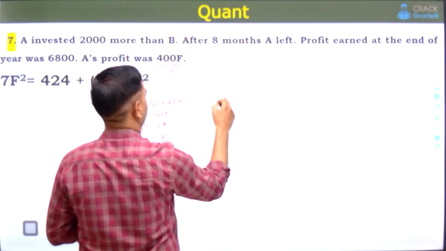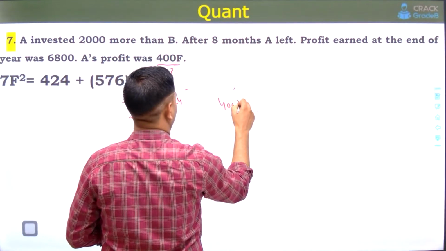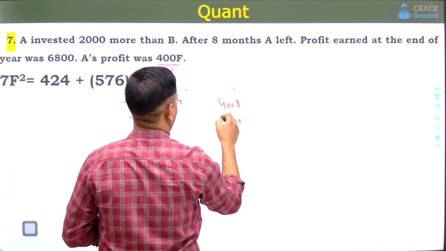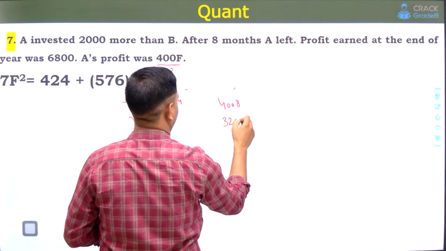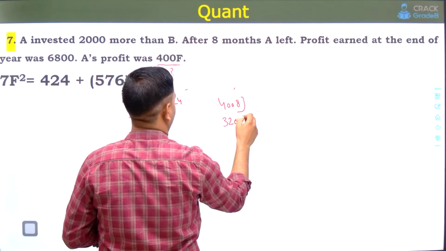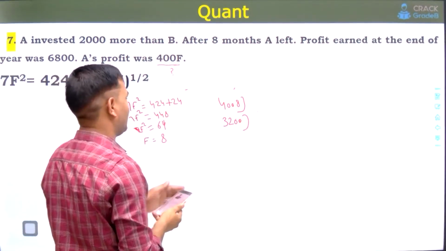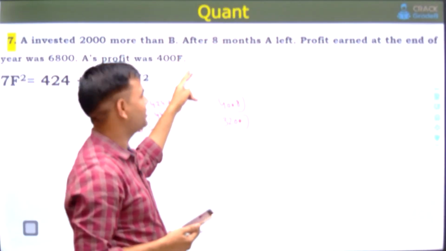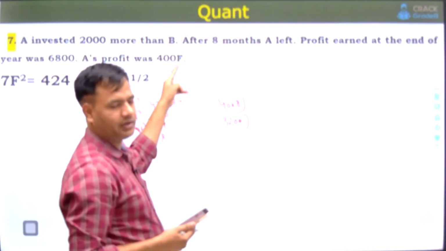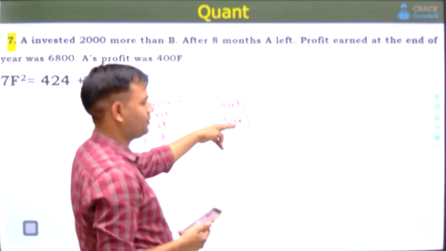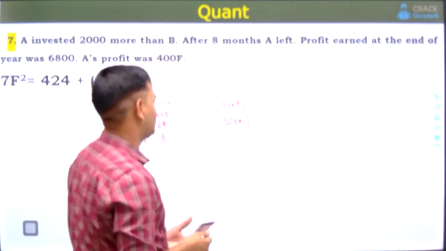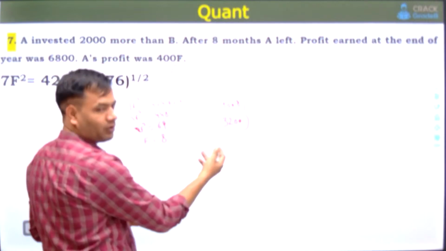So it may be 4008 or 3200, both cases are there. If F is considered as last digit, then it will be 4008, and 3200 if it is in the multiplication. So you can solve accordingly.